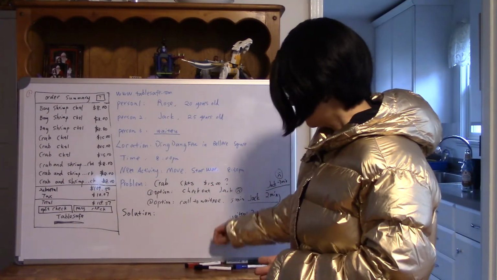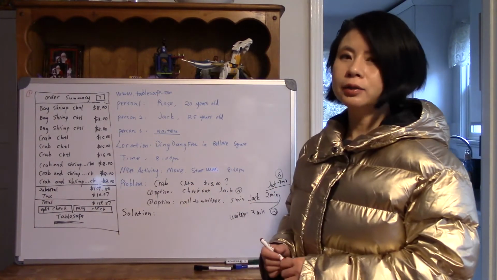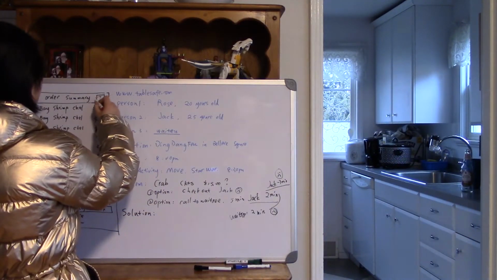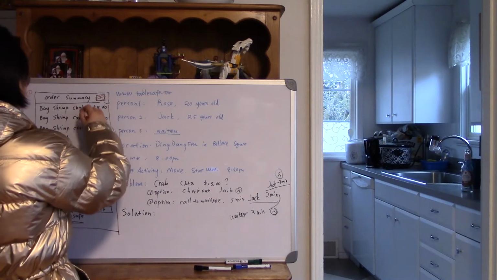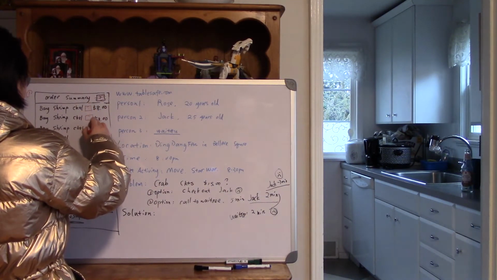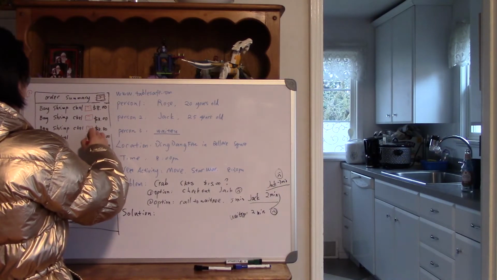So to improve this UI, what I did was delete the "call the waitress" question here, and I put a question on every item.